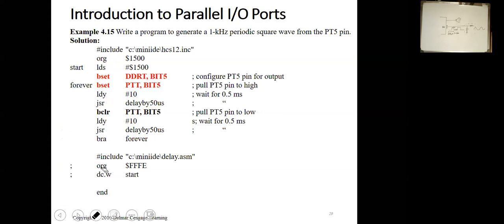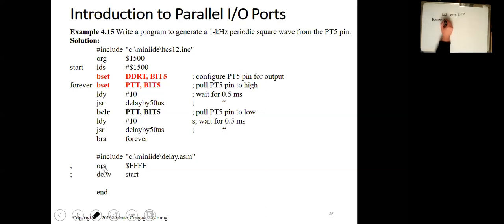So basically, let me write on the board. Before entering the forever loop, I set PTT bit number 5. So initially, before I enter the loop, the pin is set high.